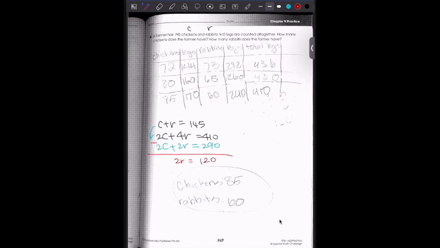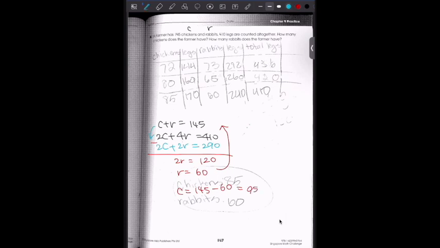So that tells us that R is equal to 60. And because R is 60, if we plug it back into the first equation, C is equal to 145 minus R. So 145 minus 60 is going to be 95.